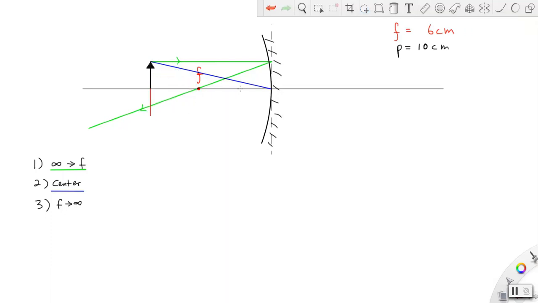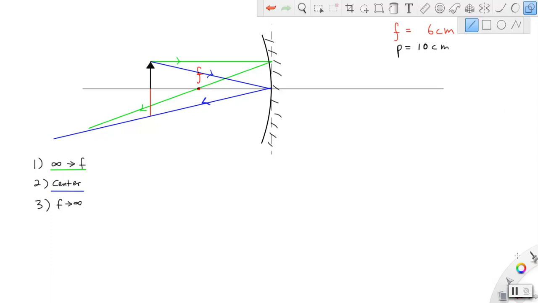If you really wanted to, you could measure this angle with a protractor and get the same angle out, but I just find this method a lot simpler. So that means that our ray is going to pass that point, going in that way and out that way.